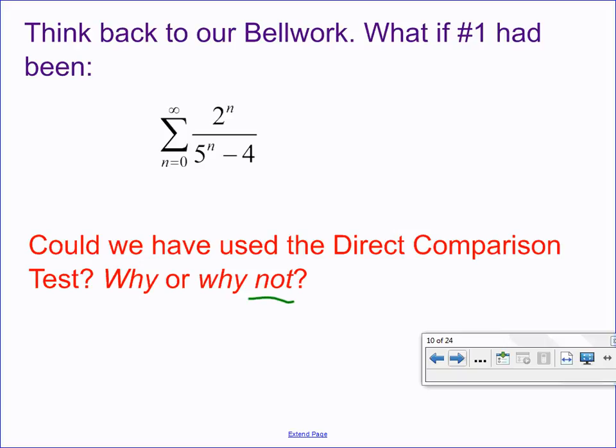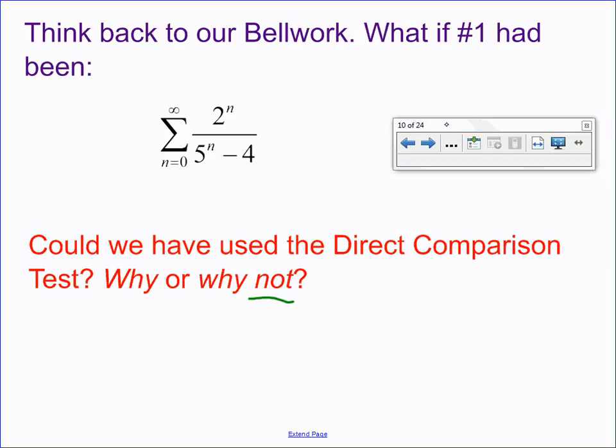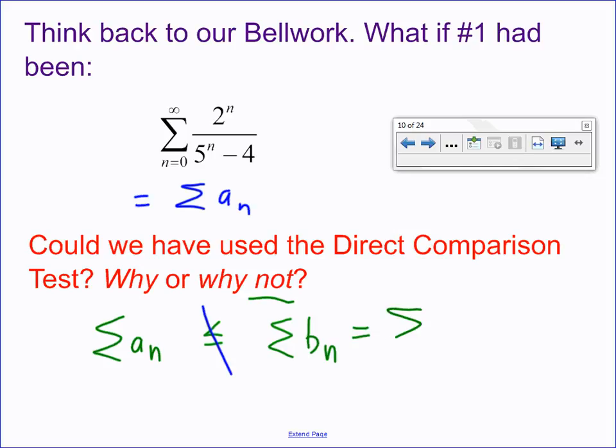And so we can no longer use the direct comparison test, because this new series, call it series A, is no longer less than our series B, which is our known geometric series, which converges with r equals 2/5 less than 1.